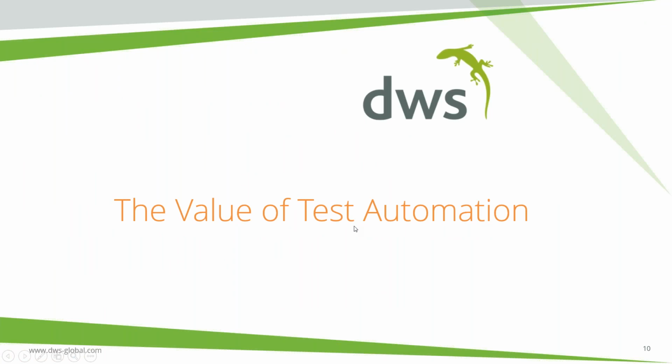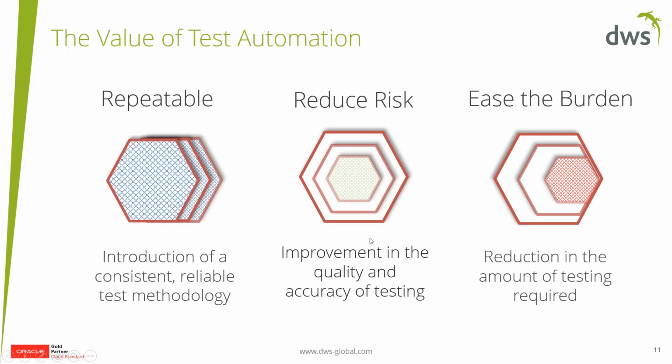So when we move forward and we start to look at the value of test automation and what it can mean for an organization, when we look at what test automation looks like and feels like and brings from a strategy and to a project in terms of value, we really like to highlight 3 key areas.